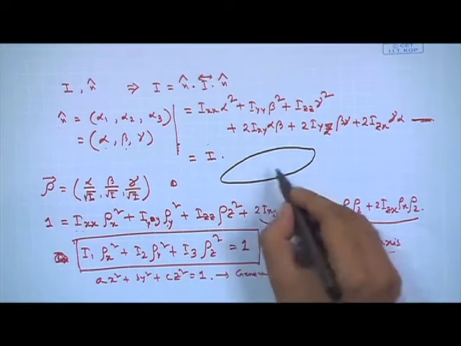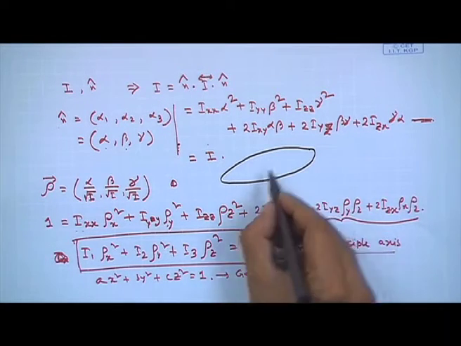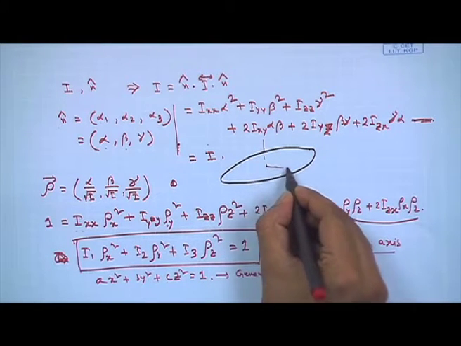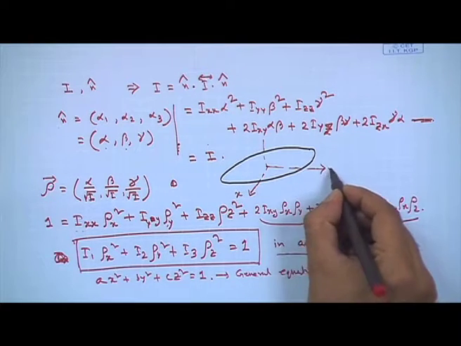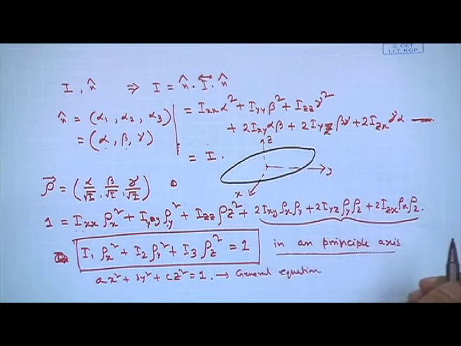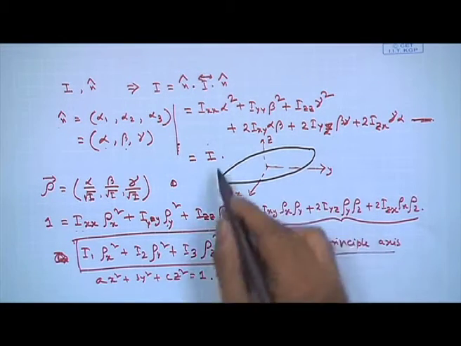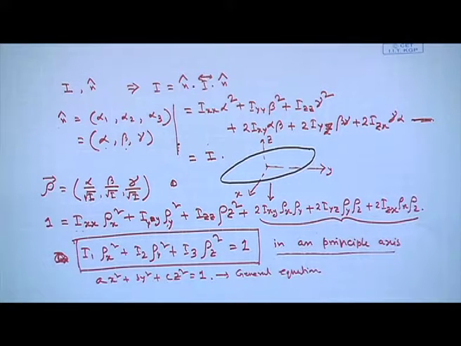Okay, so we have all the axes marked. Now let us assume that this is the axis system we are working on. Okay, so this is my x, this is my y, this is my z, right?